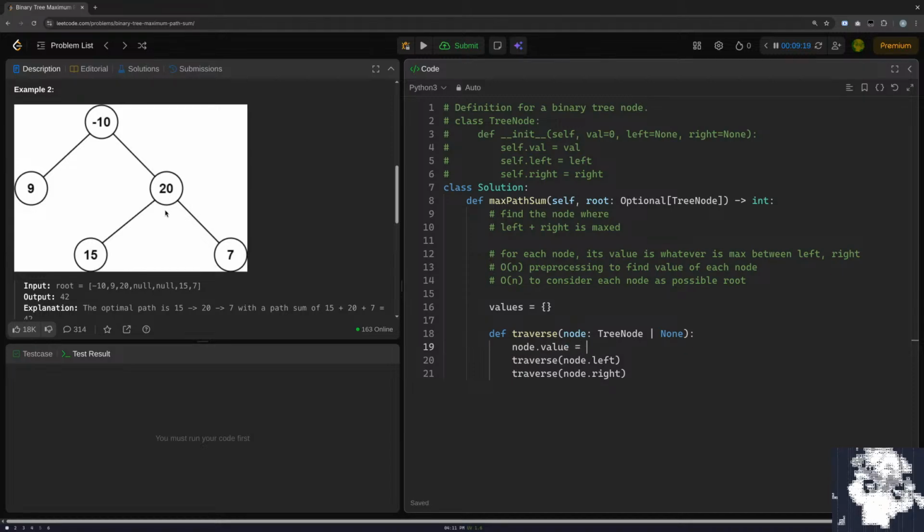So the value of this node is equal to the max of myself, so node.val plus whichever is bigger between values of node.left and values of node.right.